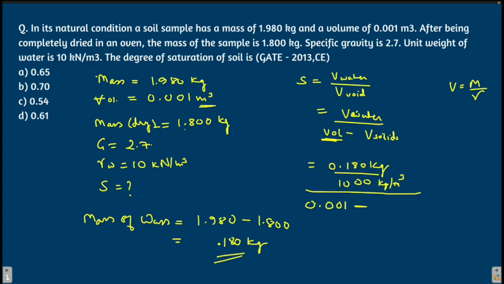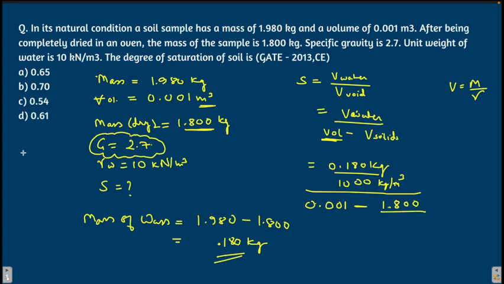So mass of dry solids, it's given in the question. It's 1.800 kg. Now how to find the density of the solids? We don't know the density. So see here, G is given to you. Specific gravity of the solids is given to you.